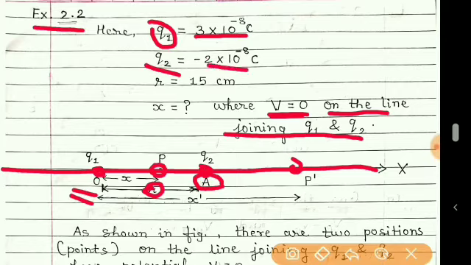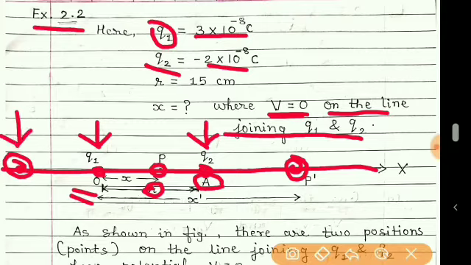Also, the potential cannot be 0 at this point. It is because here the magnitude of this charge is larger than this charge, and so the potential can be 0 on this side and not towards this side.